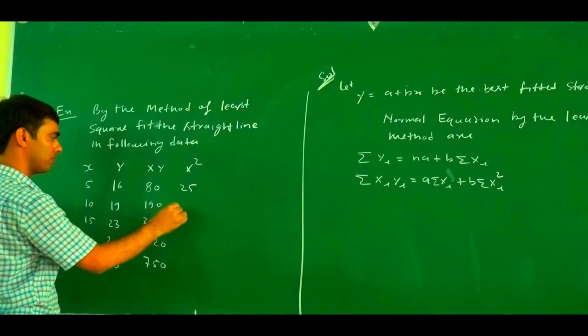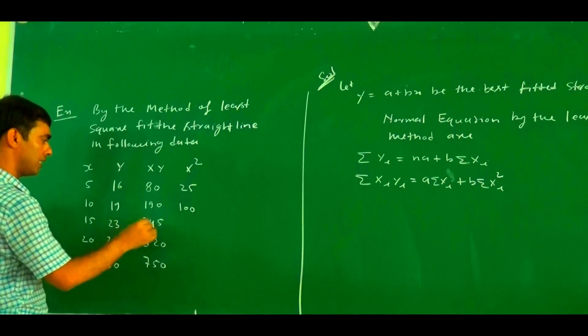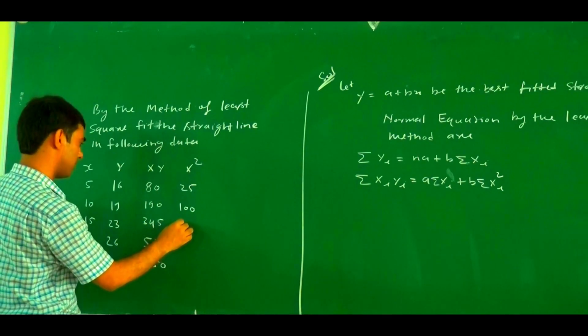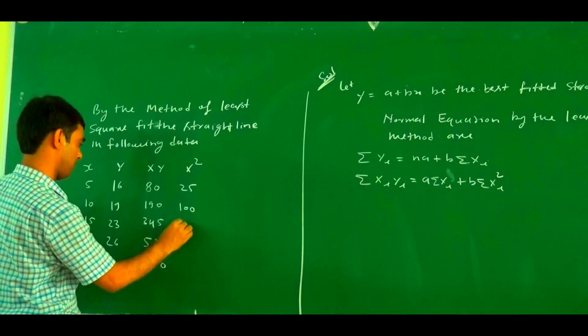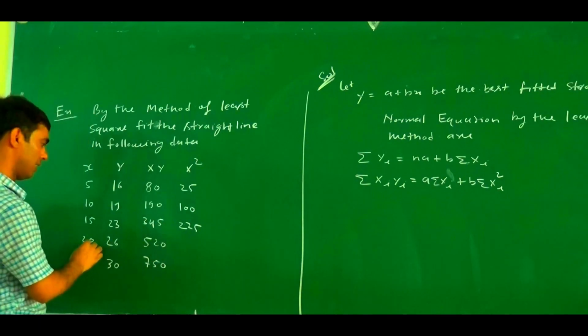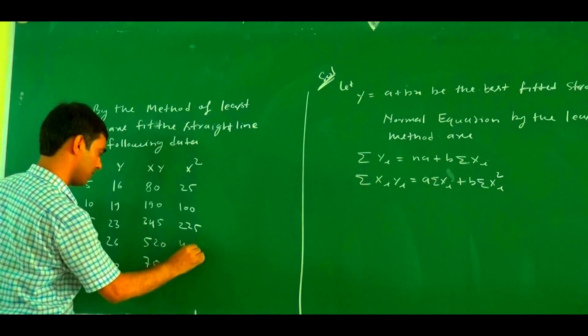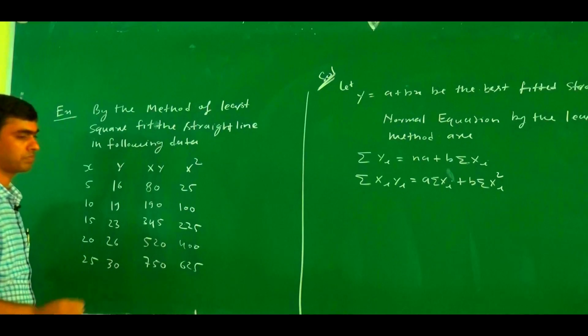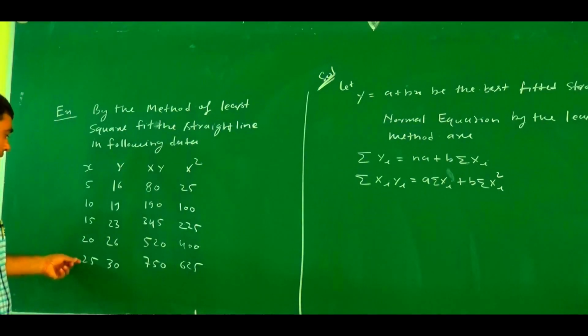Square of 5 is 25. Square of 10 is 100. Square of 15 is 225. Square of 20 is 400. And square of 25 is 625.